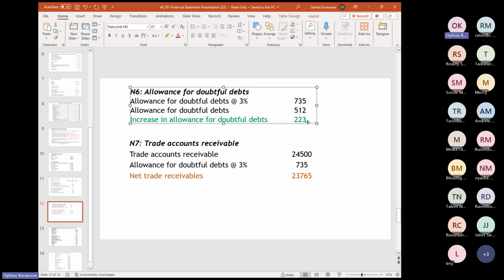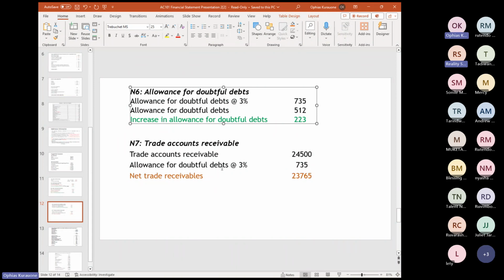So the increase will be recorded in the profit and loss account, only the increase. So we compare these ones: the one already provided, that is 512, and the one which we calculated during the year, which was 735. So we say they provided a higher figure, so there was an increase over what had already been provided. So for the company or the entity in this case, 223 becomes our expense.